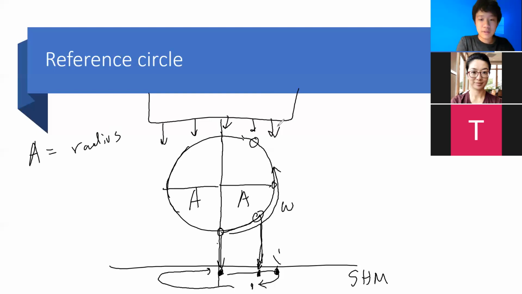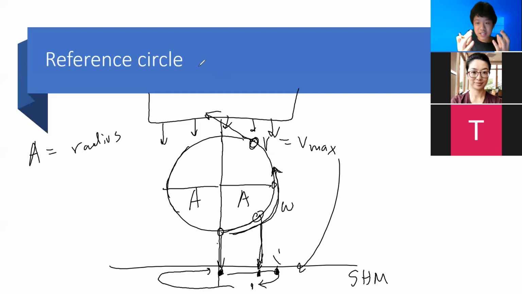Okay, now the W, because we have a constant angular velocity, we can represent constant instantaneous velocity here as well. So any point on the bead will have a constant velocity. And the funny thing is that this velocity equals the maximum velocity of the shadow. Well, why?